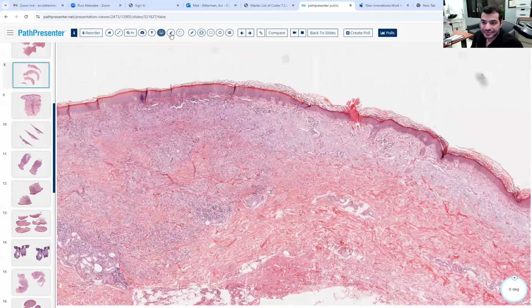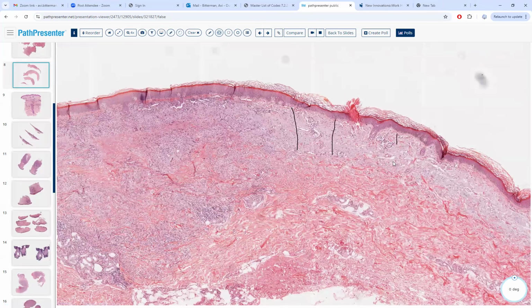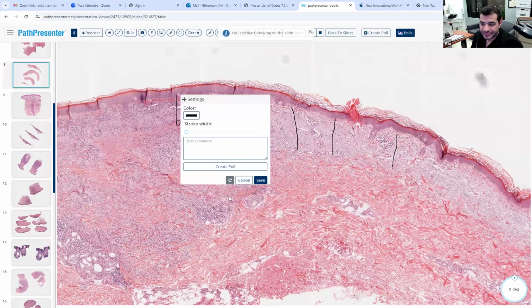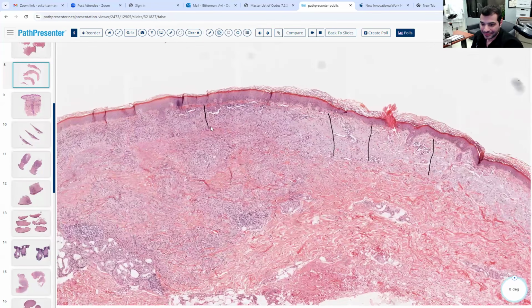Now, notice the depth of the solar elastosis. Makes sense. That's about where the sun shines, right? Uh-oh. It stopped. Is that the same depth?